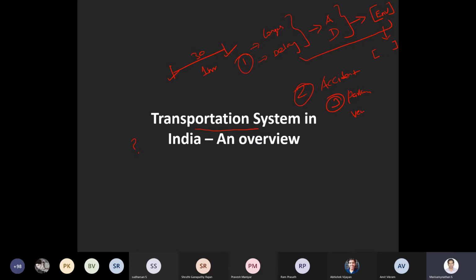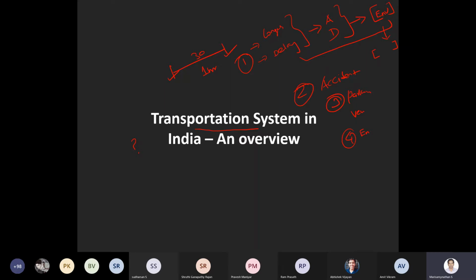Then we are not following traffic rules and regulations, and even then there is no proper enforcement system. So these are some of the existing scenarios for the Indian condition in terms of the transportation system, even though we are providing various advanced facilities.